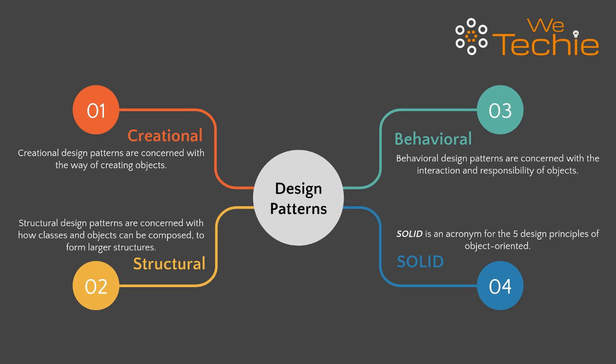These are all taken care of by structural design patterns. And another one is behavioral design pattern. Behavioral design patterns are concerned with the interaction and responsibilities of objects, meaning how one object interacts with another object, or how we define the relation between different objects.